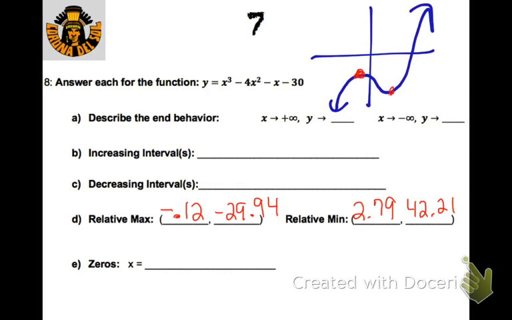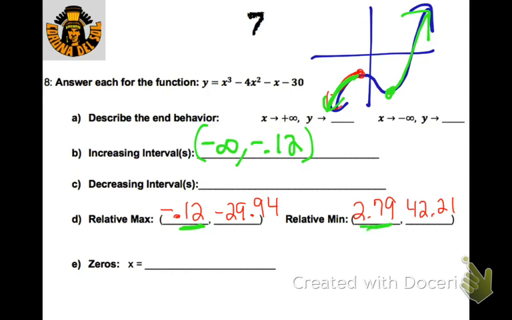So let's see. Increasing interval, that would be from here to here, that part. Actually, I'll do that in green. So from there to there. So it would be increasing the whole time from -infinity to whatever that x coordinate is, which the maximum is -0.12. And then it's also increasing from right there all the way up.